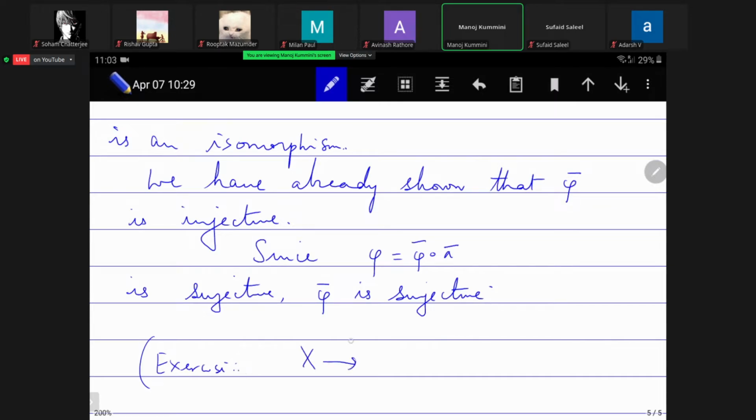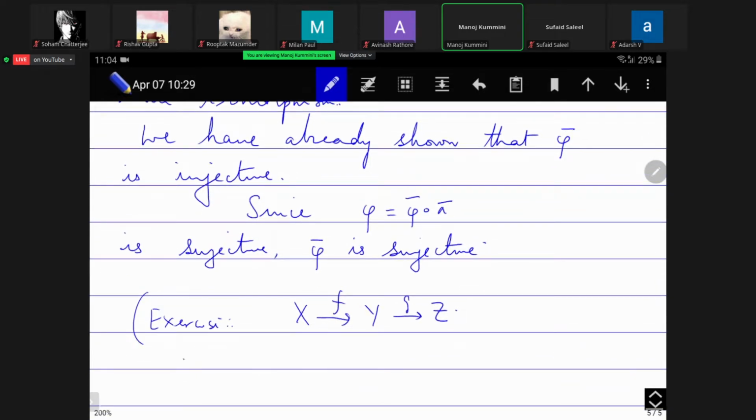Take two functions, f from X to Y and g from Y to Z. If the composite is injective, then f is injective. These are properties for functions.